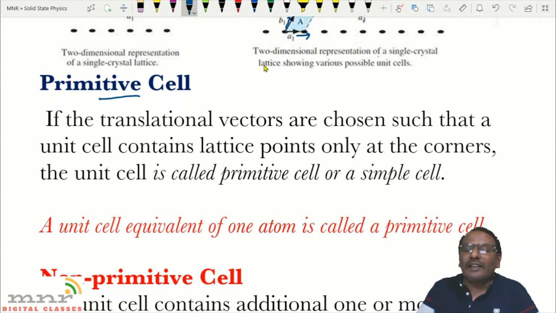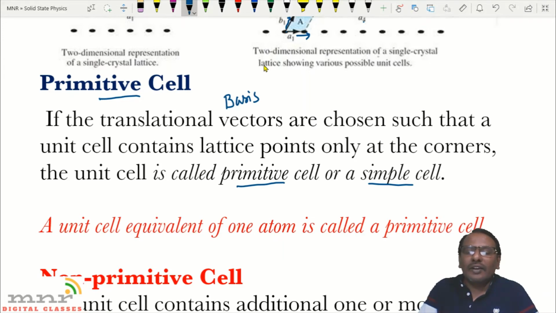If the translational vectors, that is the basis vectors, are chosen such that the unit cell contains the lattice points only at the corners, then the unit cell is called a primitive unit cell or a simple cell. So a primitive cell is the one which contains the lattice points only at its corners. So it is called a simple unit cell.